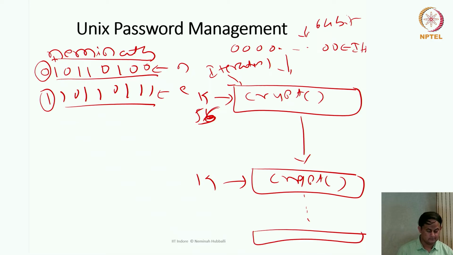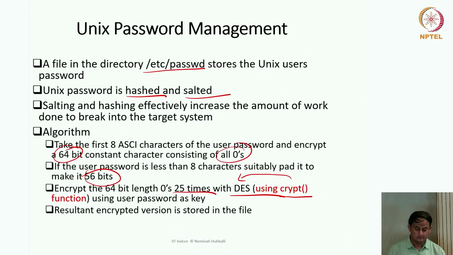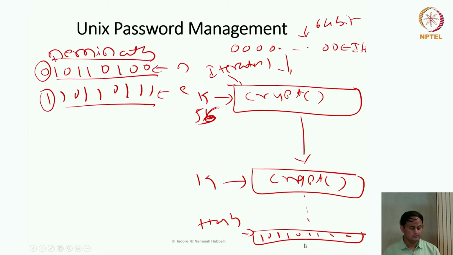At the end of this, after the 25th iteration, whatever number is generated is your hash value. This is what the Unix or Linux systems do; nowadays a variant of this is used, but the original algorithm was something like this. The final value is stored in the password file, in this /etc/password file. So this is how the Unix systems generate and manage the password.